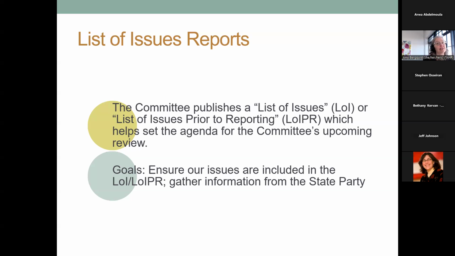So asking for disaggregated data at the list of issues stage is really, really helpful, especially for countries where it's not entirely clear how many people have been sentenced to death, how many people are on death row, and the gender breakdown there. We always want to know, for women sentenced to death, what was the crime they were convicted of, what relationship they may have had to any victim or co-defendant. Sometimes there's a coercive control relationship between a woman offender and an intimate partner, for example, who gets her involved in committing criminal acts.